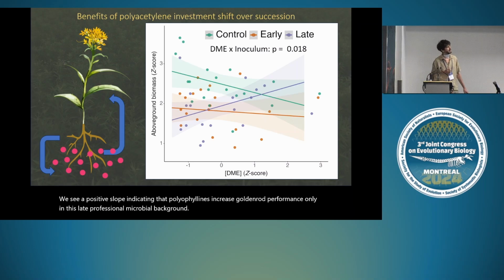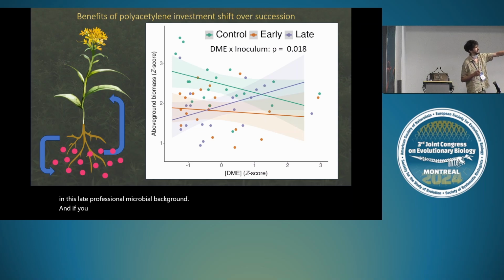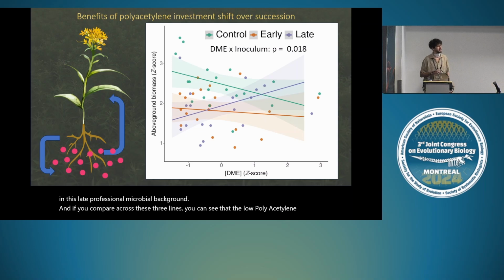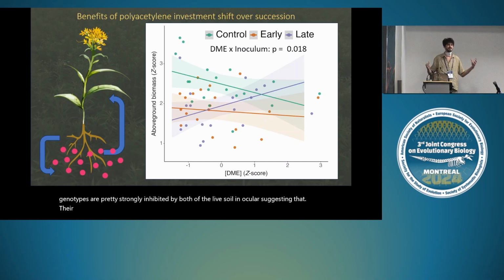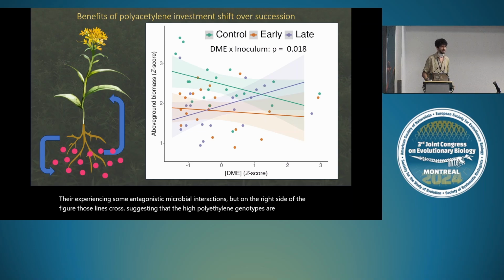If you compare across these three lines, you can see that the low polyacetylene genotypes are pretty strongly inhibited by both of the live soil inocula, suggesting that they're experiencing some antagonistic microbial interactions. But on the right side of the figure, those lines cross, suggesting that the high polyacetylene genotypes are resistant to these microbial effects.